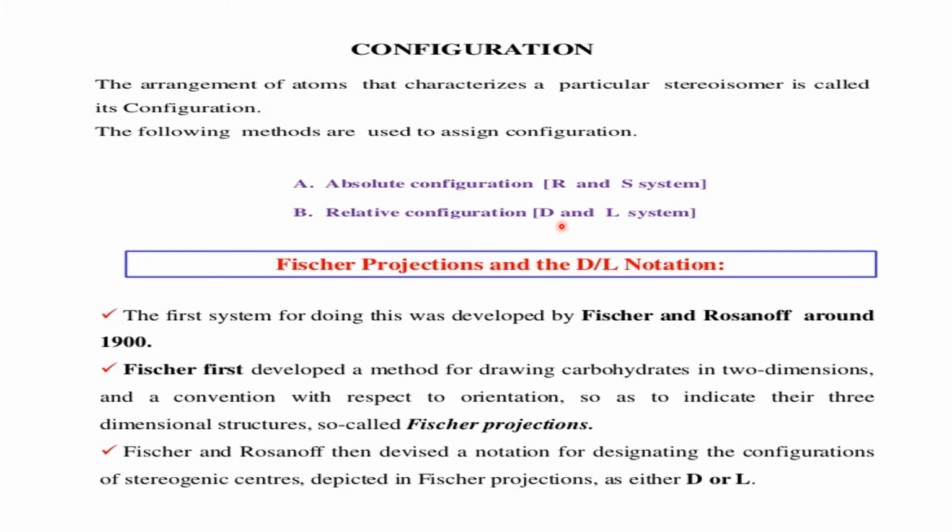So to assign the configuration of an organic molecule, we have two classifications: absolute configuration or R and S, and relative configuration represented by capital D and capital L. Now we see how these D and L notations are used to identify the configuration of any organic compound.